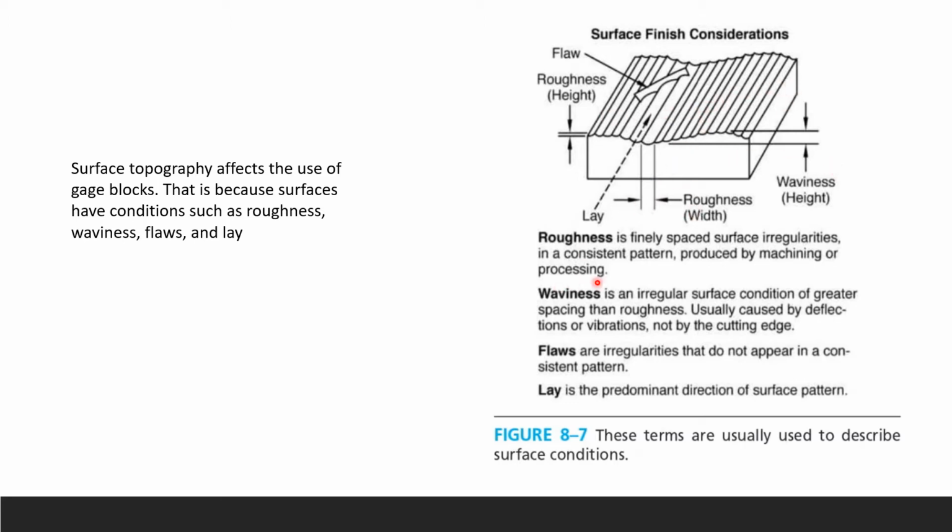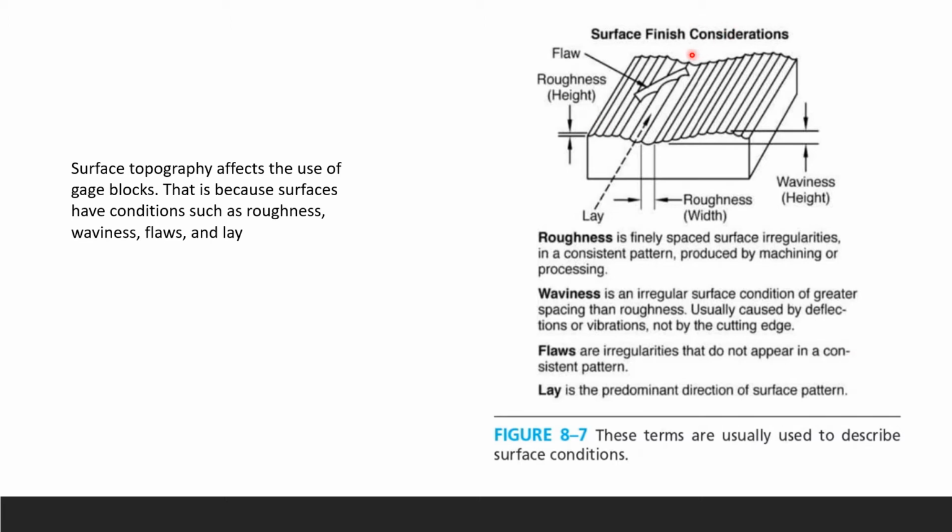So roughness is finely spaced surface irregularities in a consistent pattern produced by machining or processing. Waviness is an irregular surface condition of greater spacing than roughness, usually caused by deflections or vibrations, not by the cutting edge.